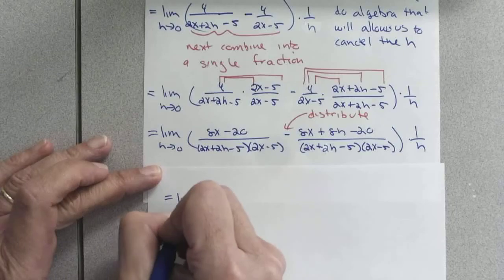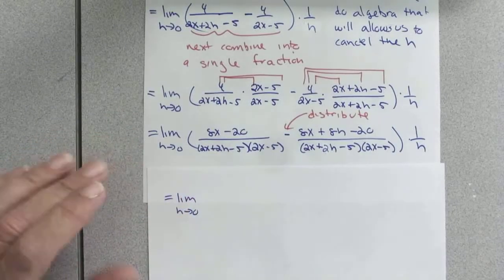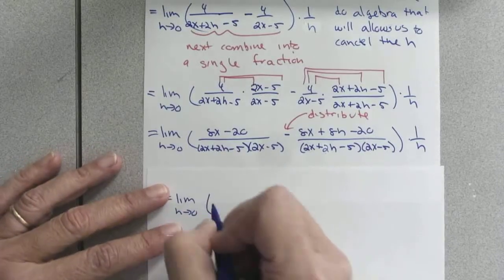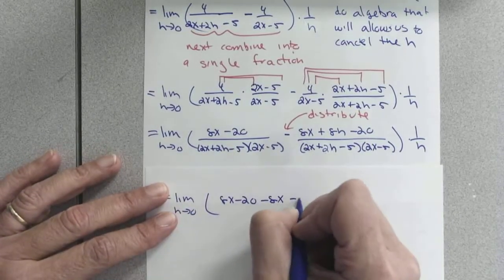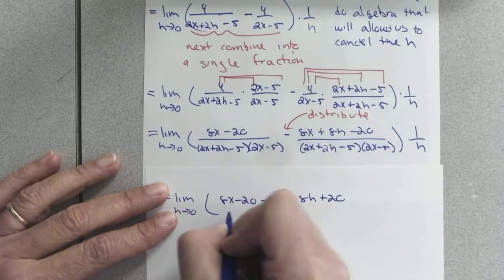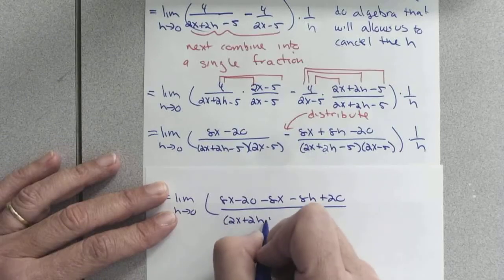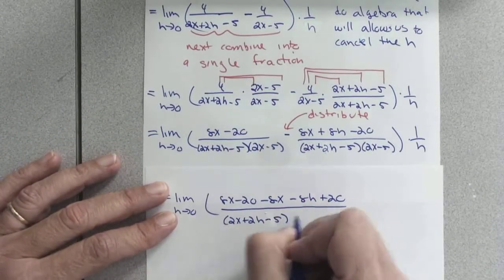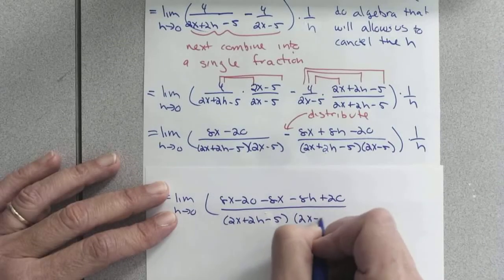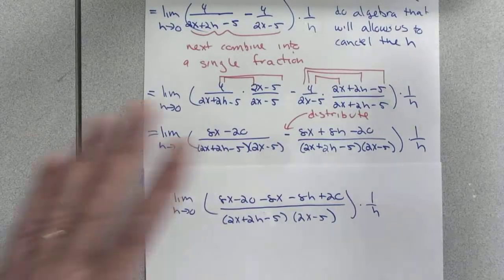That's why I saved the minus sign for a special step, so I can remind you to distribute that minus sign. I keep writing the limit symbol down, and notice when I'm going to write it out. And so I'm going to have 8x minus 20 minus 8x minus 8h plus 20 all over 2x plus 2h minus 5, 2x minus 5, times 1 over h.